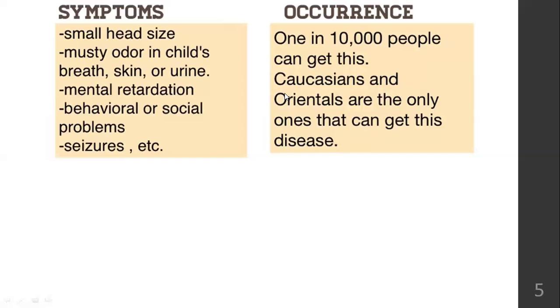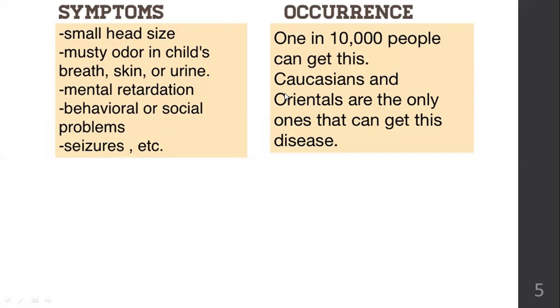Occurrence: 1 in 10,000 people can get this. Very rare. In India, it is very rare. Indians usually don't have the risk of developing phenylketonuria, but Caucasians and Orientals can. Caucasians are the white race and Orientals are the Asian race. They are the ones that can get this disease.